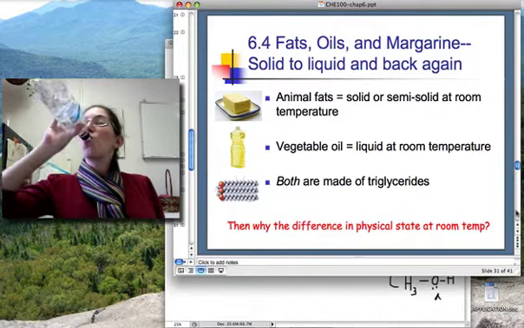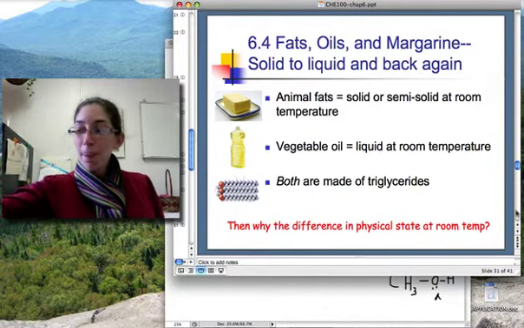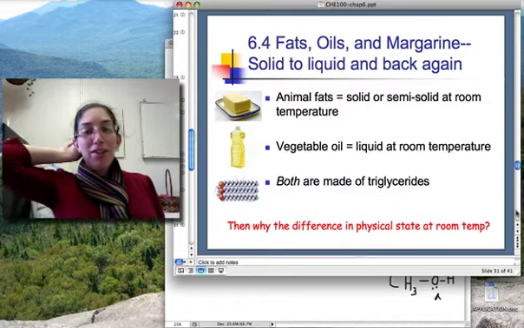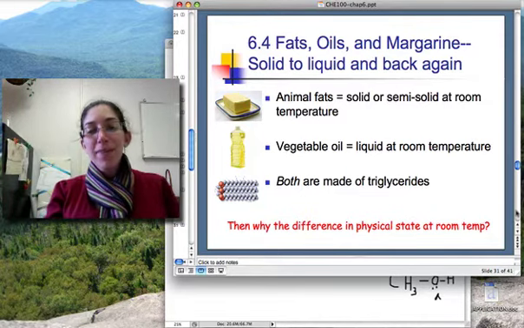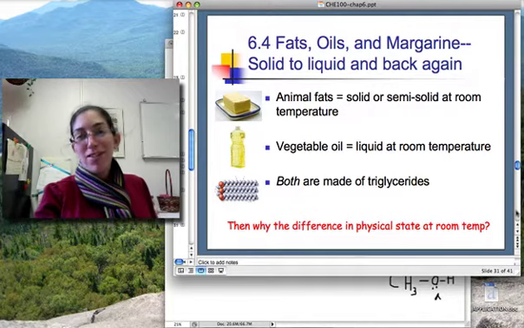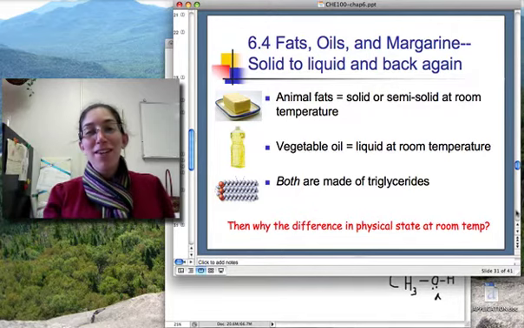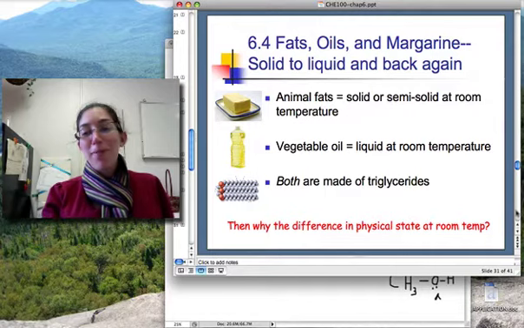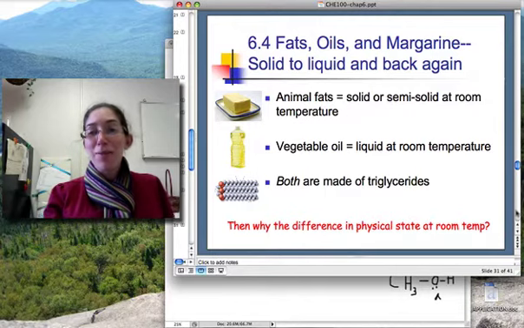Okay, so in this chapter we come back to talk about lipids again. It's a little bit redundant because I already covered some of this stuff when we talked about fats originally in chapter 4, but fats are pretty important molecules, so we're going to talk about it again.